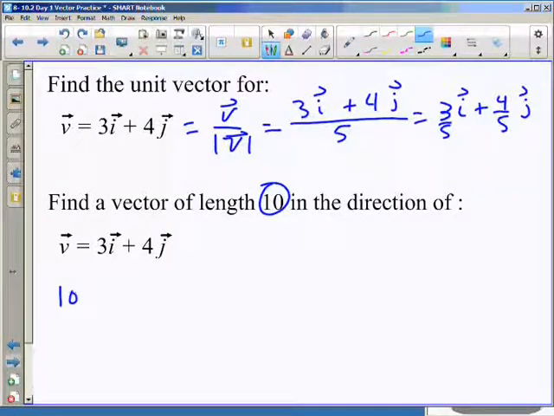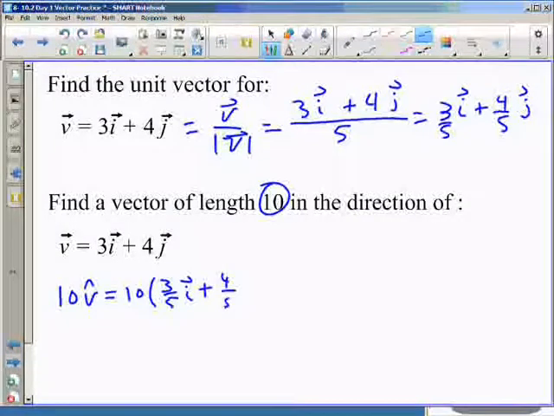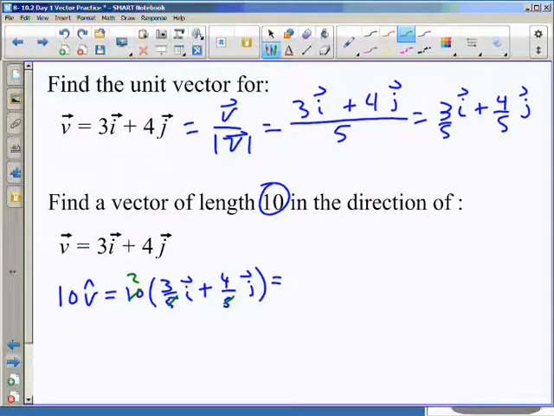So 10 times the unit vector is going to give us this, and that's 10 times 3/5 i plus 4/5 j, which, if you do some fairly quick canceling out, the 5's cancel, this becomes a 2, we get 6i plus 8j.